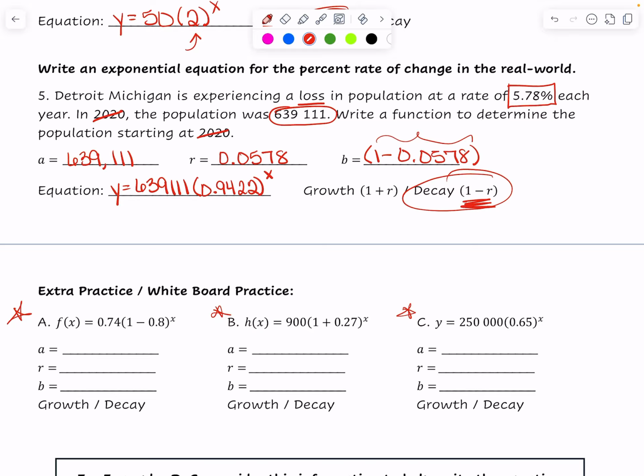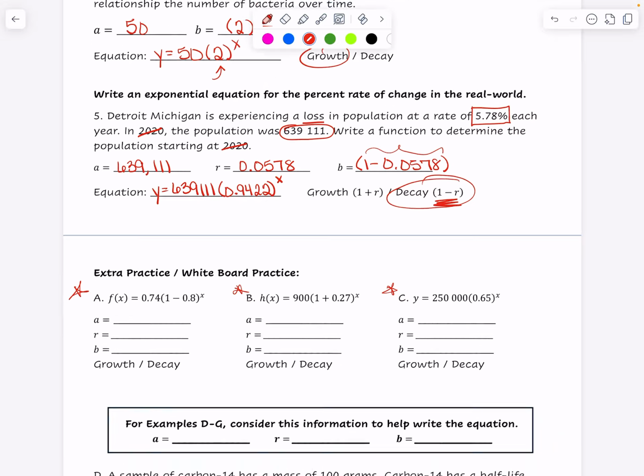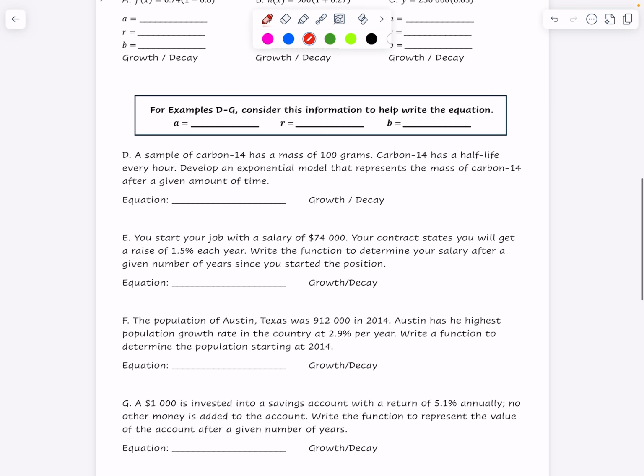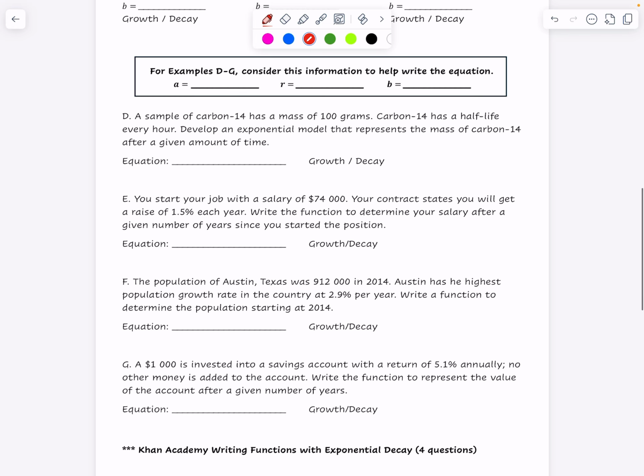Okay. All right, so when you're on the back side of this worksheet, you have D, E, F, and G that you're working on. Look for something that says doubled, tripled, or half-life, or if they don't give you that information, look for a percent. So A talks about where did we start? What's our initial value? R is the percent as a decimal.